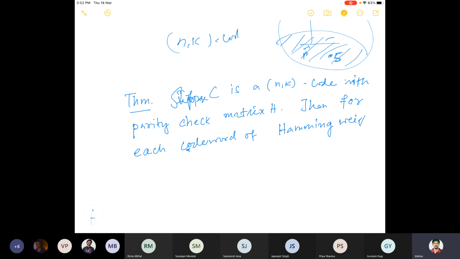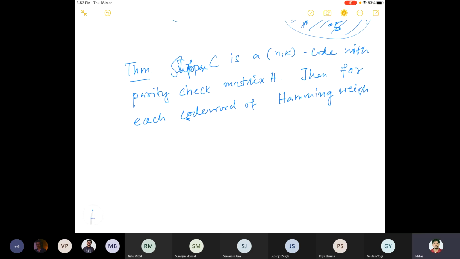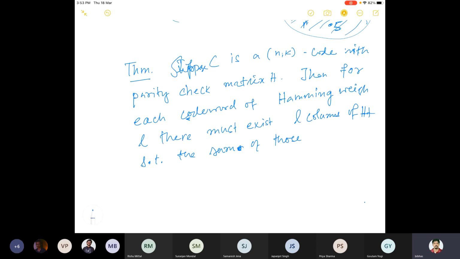So for each code word of Hamming weight, let's say L, there must exist L columns of H such that the sum of those L columns is equal to the zero vector.